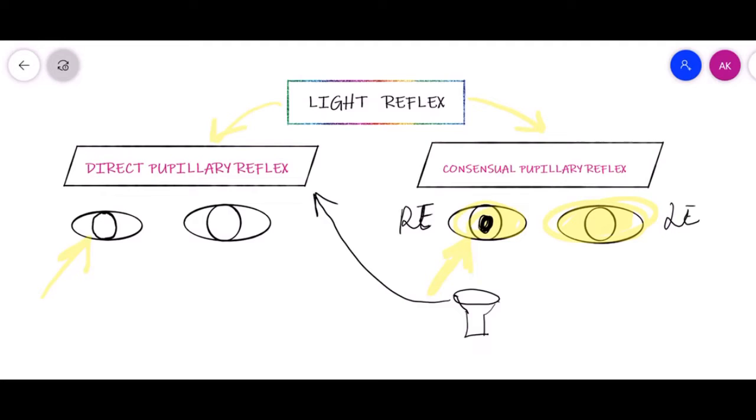However, the left eye also will constrict in response to the light thrown in the right eye, and that response is called the left eye consensual pupillary reflex because it is consensually or indirectly responding to the light which is sent in the other eye.